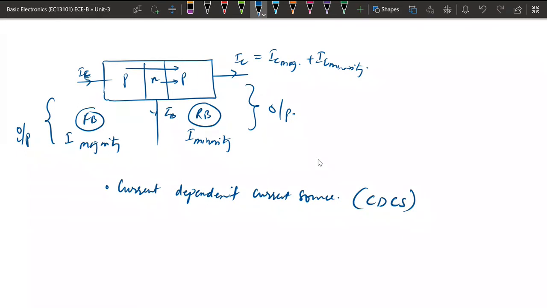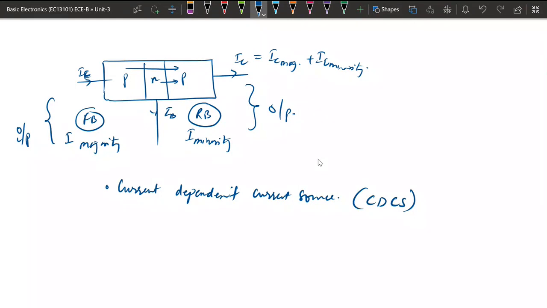Okay, so four different modes of operation are there: cutoff, active, saturation, and reverse active. And in that, the most frequently used application of transistor is that we are going to operate this transistor as an amplifier. So in amplifier, we need to make the transistor operate in active region.